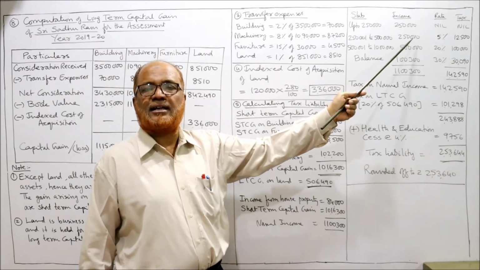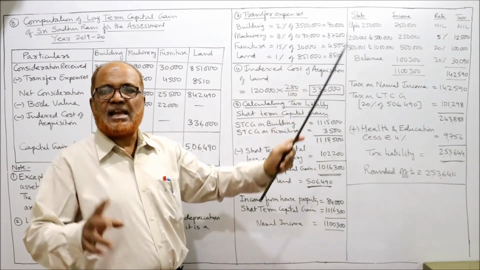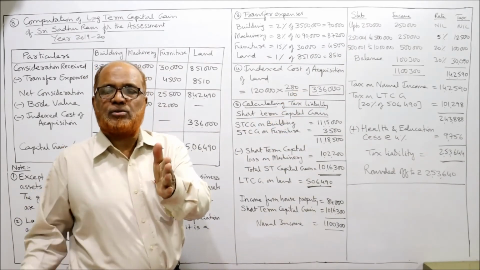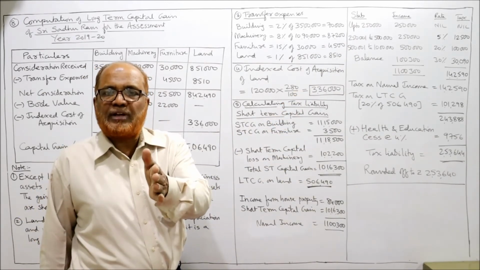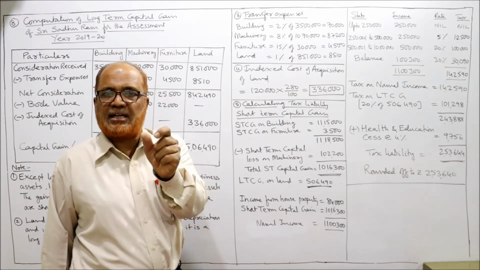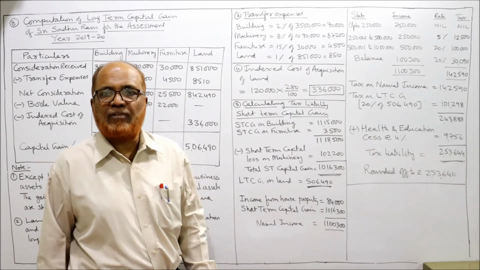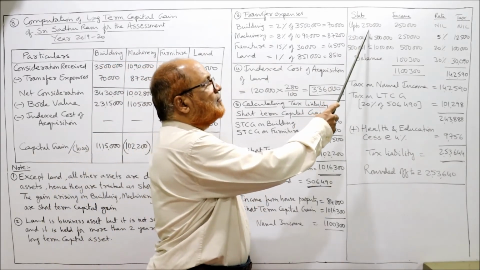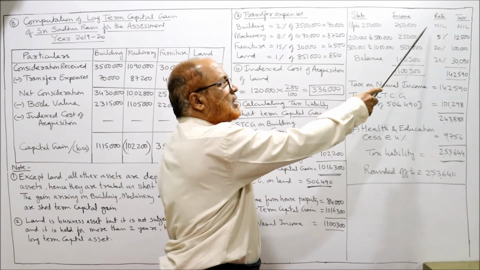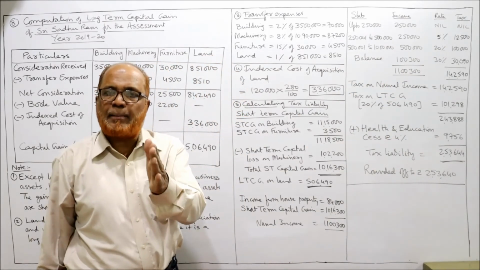How are we calculating the tax on normal income? Slab. First slab is up to 2,50,000. Up to 2,50,000 exemption, no tax at all. The tax rate is nil. So up to 2,50,000, income is 2,50,000, rate nil, tax nil. The first slab completed.